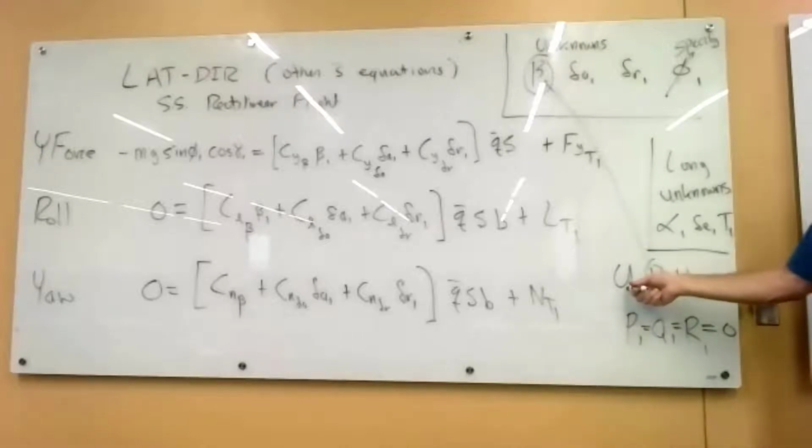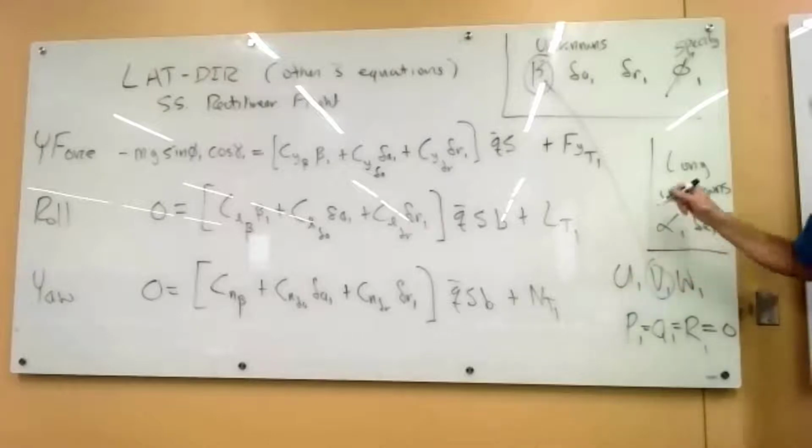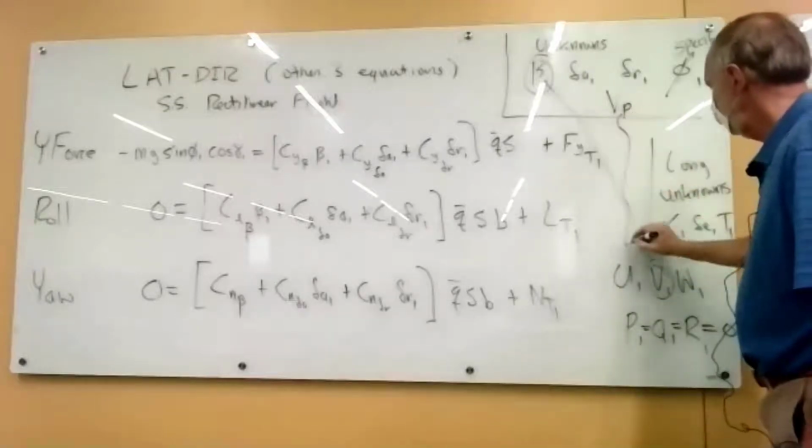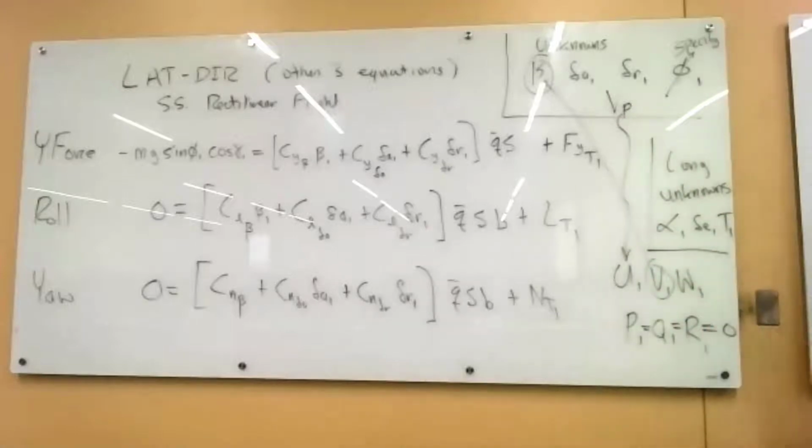How about U? Remember, actually up here, one of the unknowns was V sub P, the total velocity. So that's related to forward speed, right? Then how about W? It's related to angle of attack, except we're in stability axis.